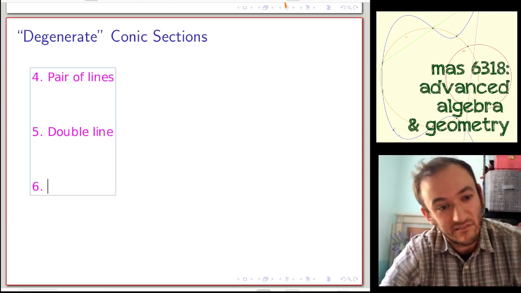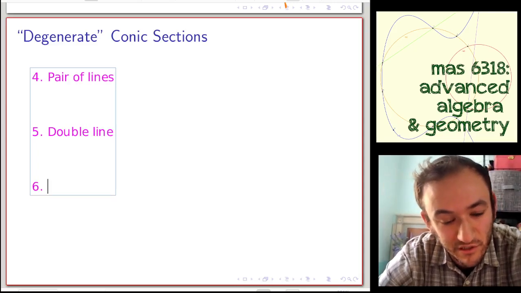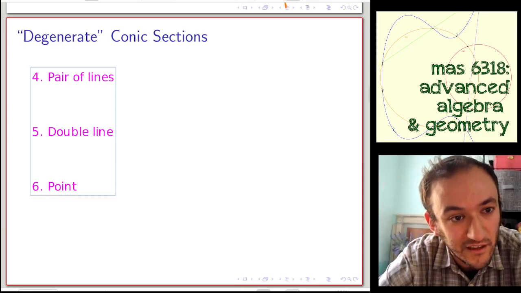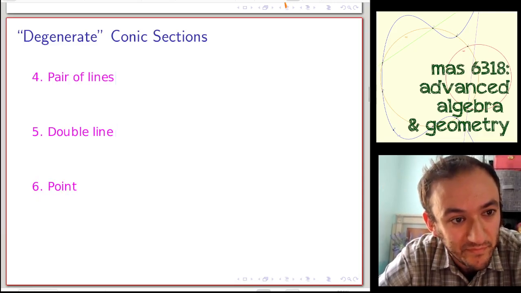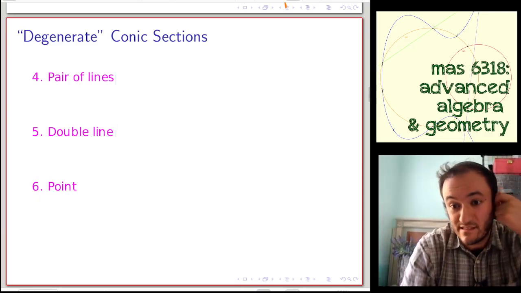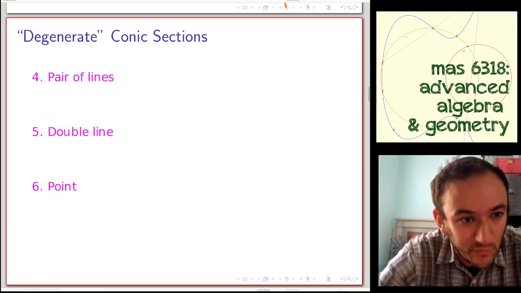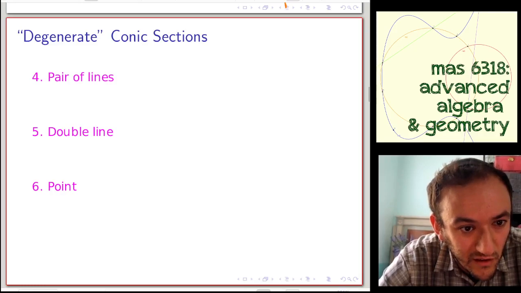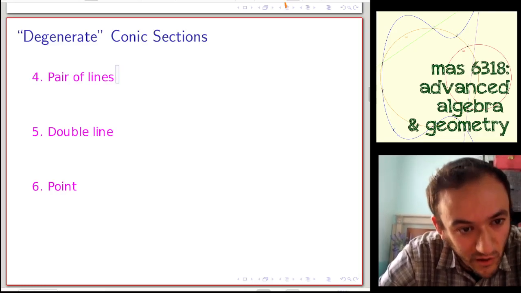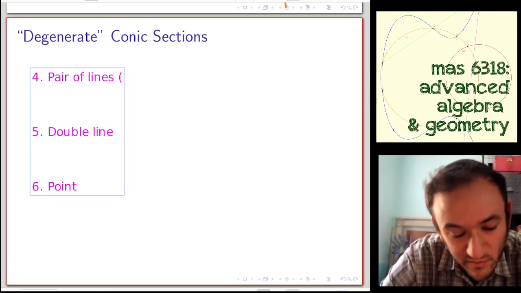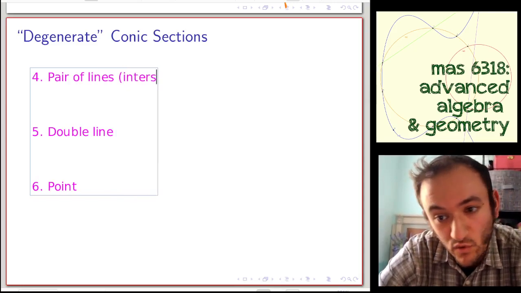And then you could include tentatively a point, depending how you want to define things. A pair of lines would look something like this, and we could qualify this a bit by saying this could be intersecting lines or parallel lines.